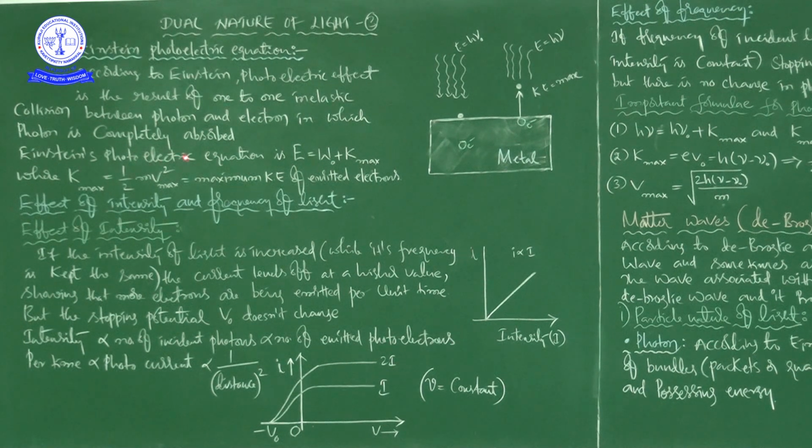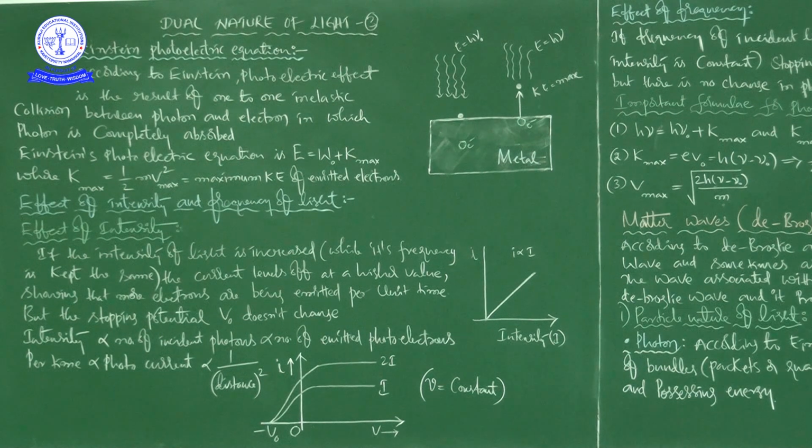You can see this equation: E is equal to W naught plus K maximum. E is equal to W naught plus K maximum. That is Einstein's photoelectric equation. E is equal to W naught plus K maximum.